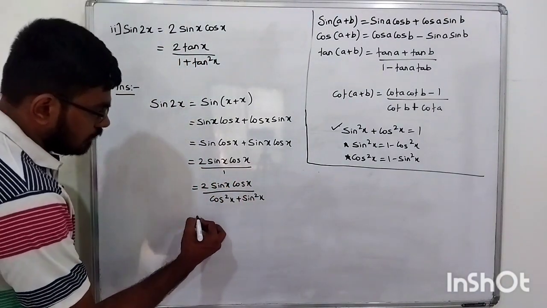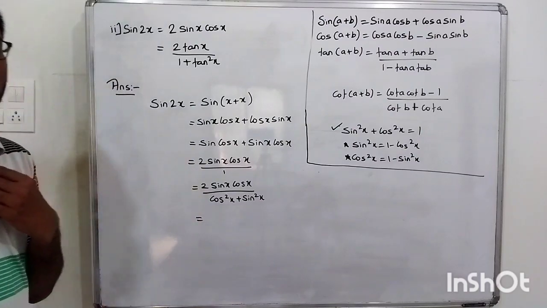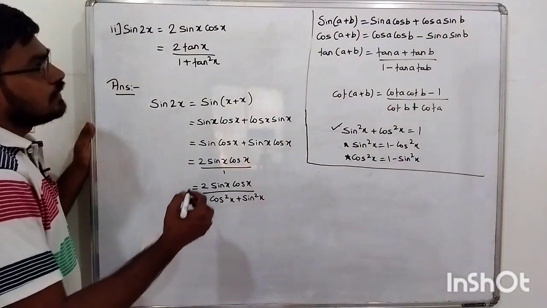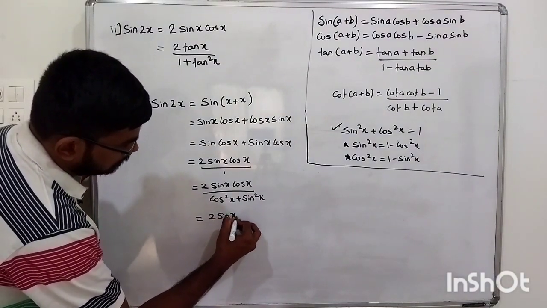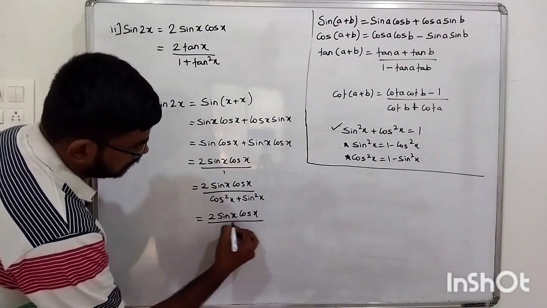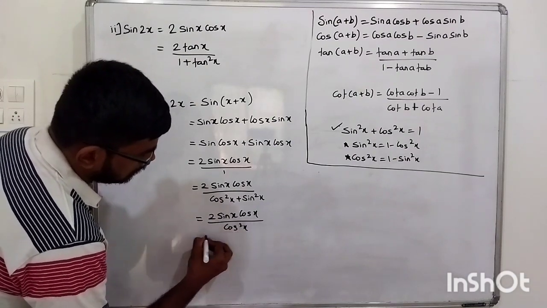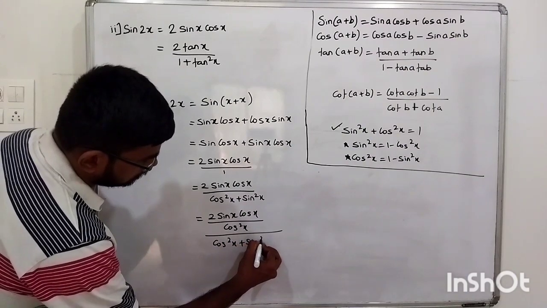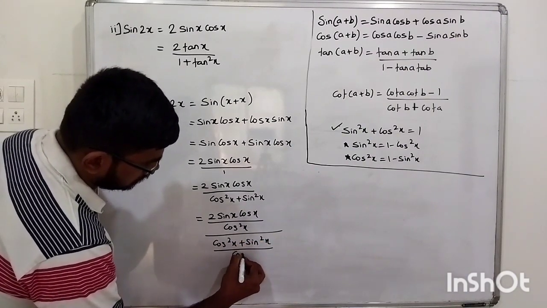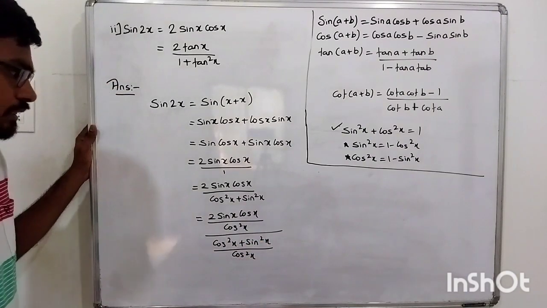Next we just divide by cos square x, the same way as we did for the first formula, that is cos 2x. So 2 sin x cos x upon cos square x, divided throughout by cos square x, upon cos square x plus sin square x upon cos square x. Then we simplify this.